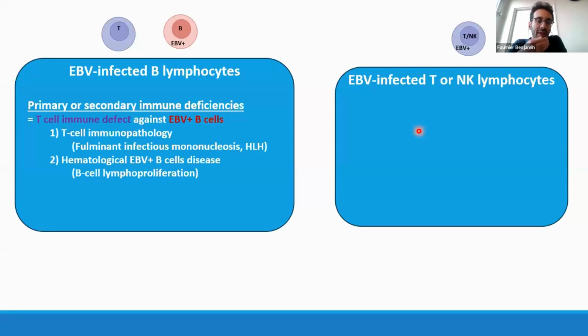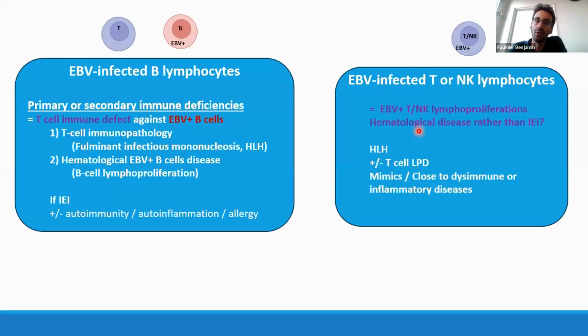And on the other side, you have phenotypes which are more related to, let's say, hematological disorder, which are caused by EBV-infected B cells, which are more related to B-cell lymphoproliferation. And when it is associated to inborn error of immunity, you may also find features of autoimmunity, autoinflammation, or allergy or susceptibility to infections.